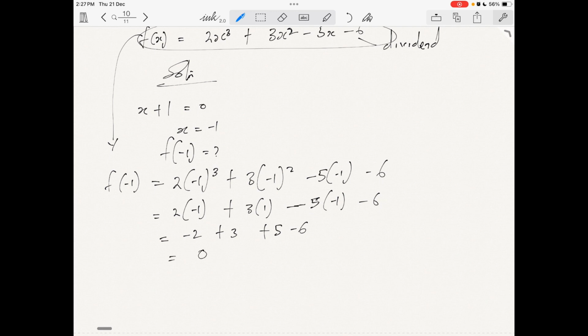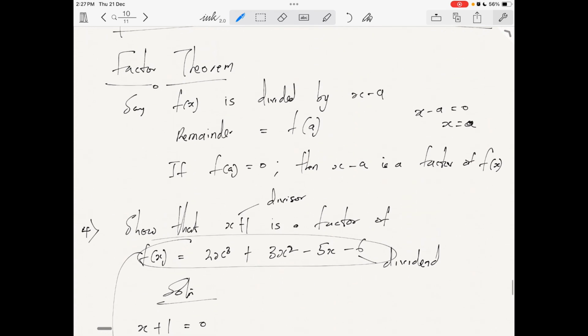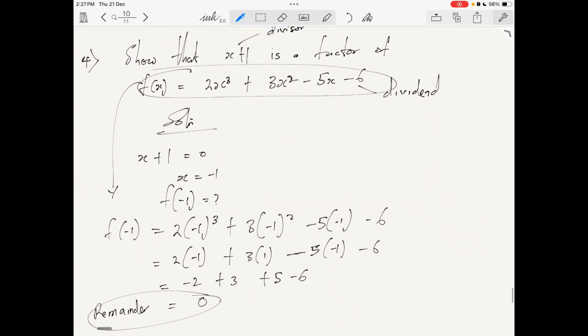Now since our remainder is equal to 0, and from the proof that we had here from the factor theorem, it says that if f of a is equal to 0, then x minus a is a factor of f of x. So if our divisor, x plus 1, divides it, we had a remainder of 0.